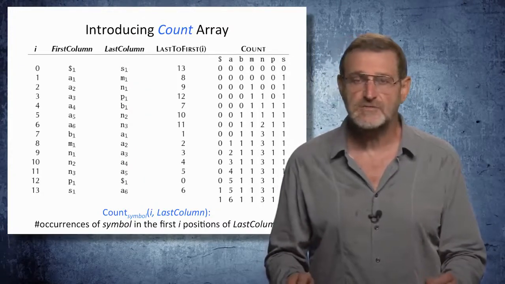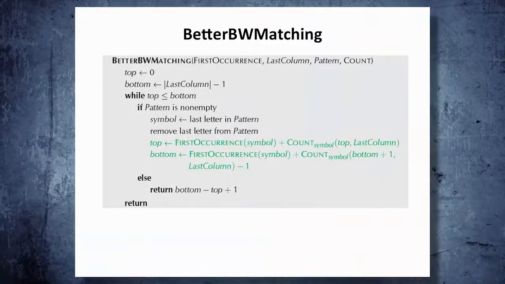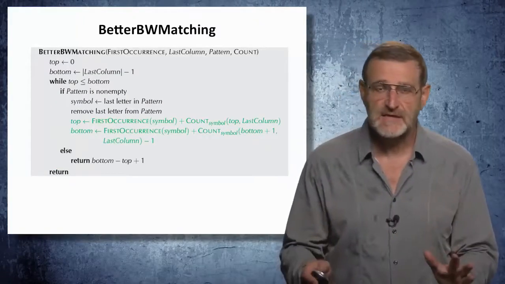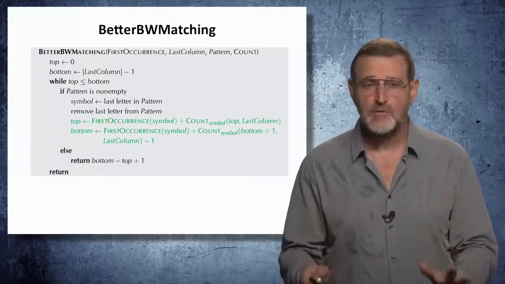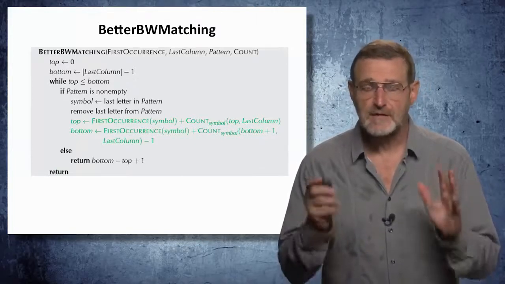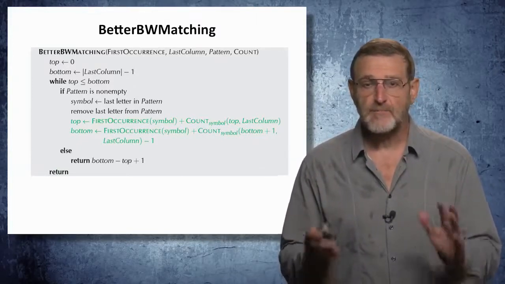This slide shows the count array, and armed with the count array, we can design a better version of BW matching by substituting the 4 green lines that we discussed before with 2 green lines that use the count array. As you can see, we no longer need to explore every symbol between top and bottom indices in the last column.